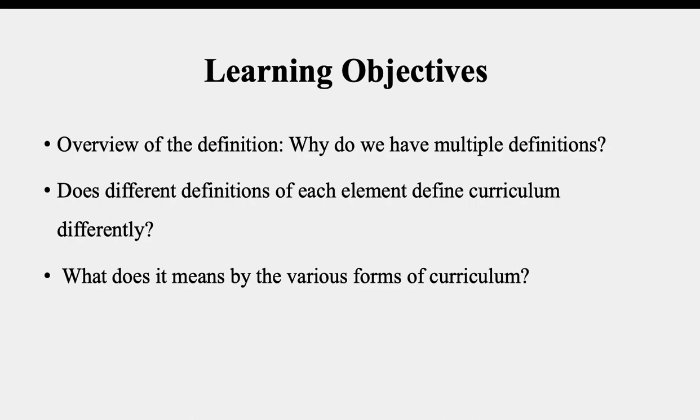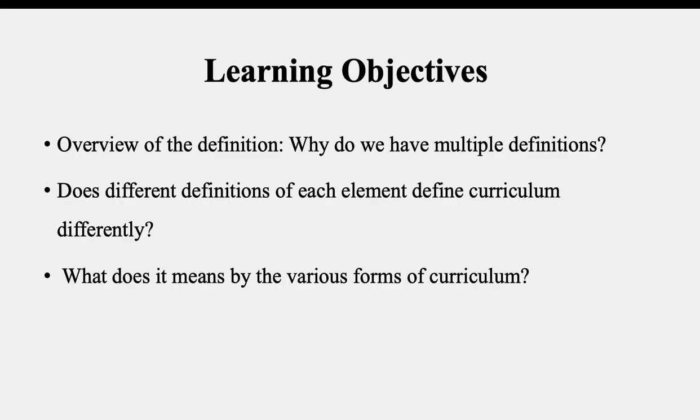The first one is the overview of the definition. We want to know, why do we have multiple definitions? Why don't we have a single formula definition for the curriculum? We will find out the answer. The second learning objective is, would different definitions of each element, that is objectives, content, material, and evaluation, define different kinds of curriculum design?